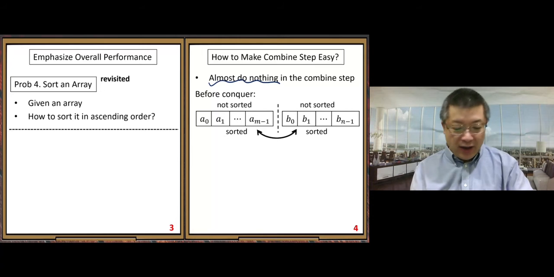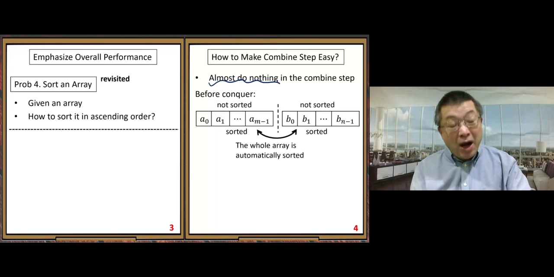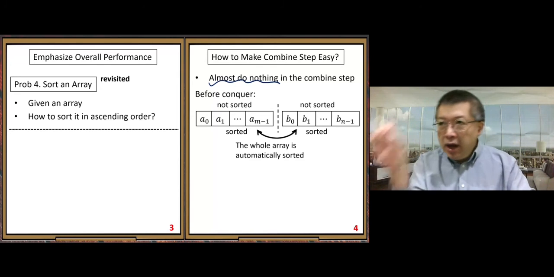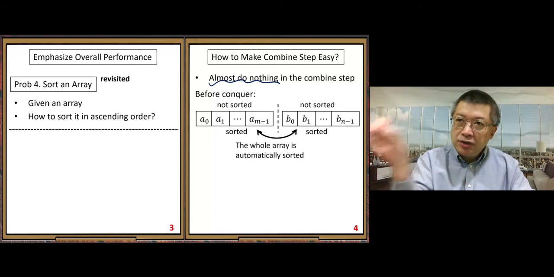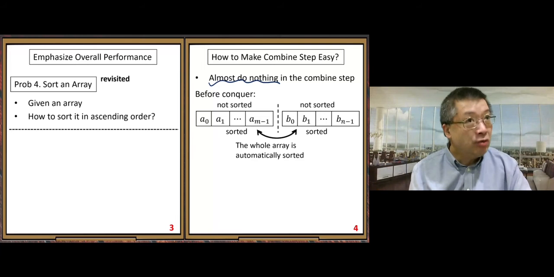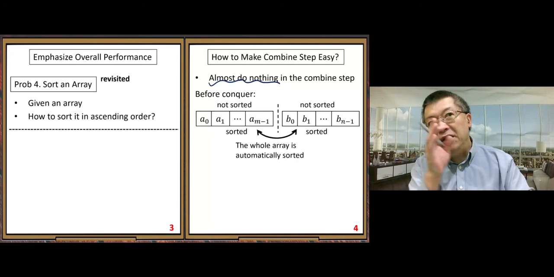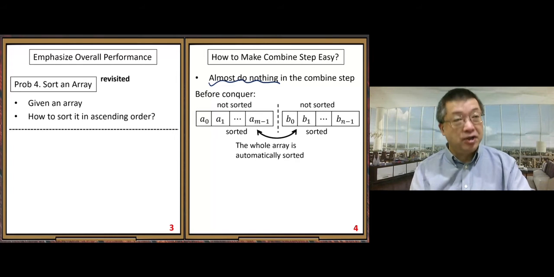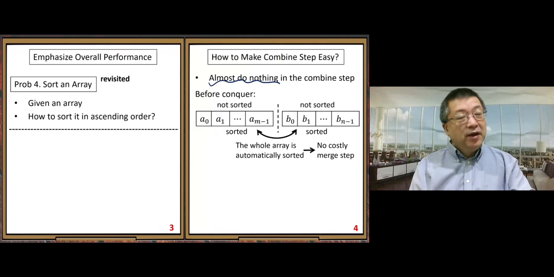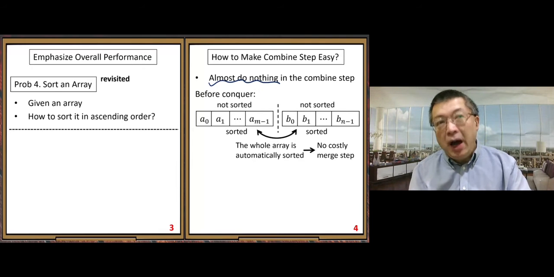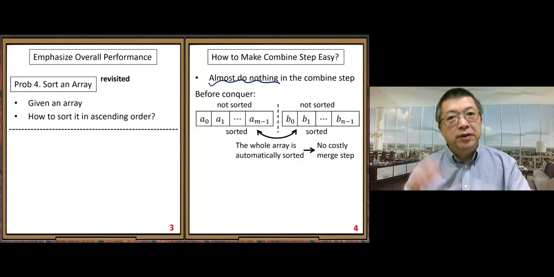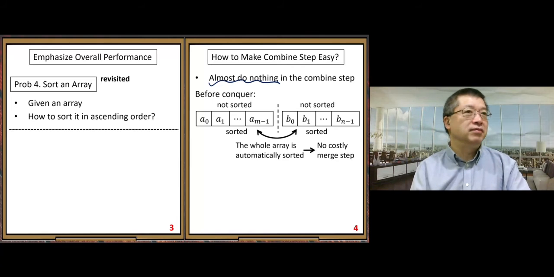But is that possible? The whole array is automatically sorted without moving any element in these two subarrays. You can imagine the ideal case. Under some ideal situation, it is possible, right? Because if that could happen, there is no costly merge step.